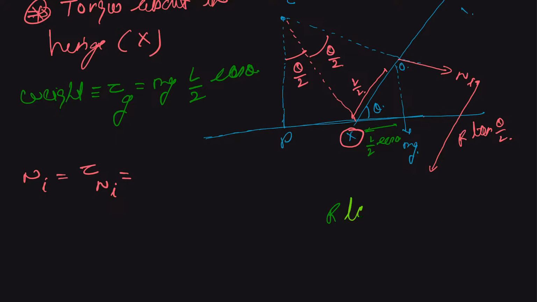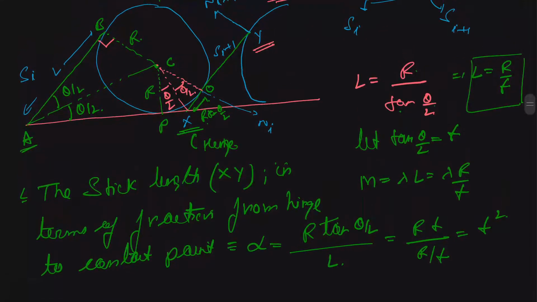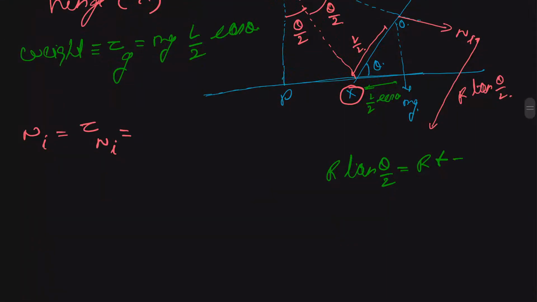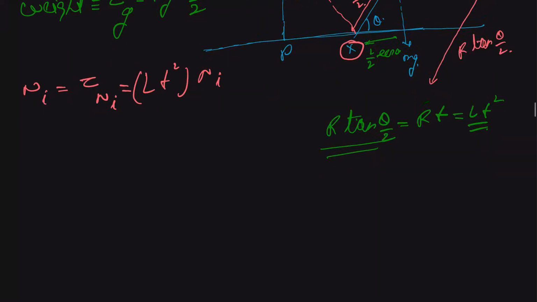So we can write this as r tangent of theta will be equal to our rt, because tangent of theta by 2 is our t, and our r is equal to our L t. So we can say this is our L t square. So in place of r tangent theta by 2, we can write L t square. Therefore, we get this will be equal to our L t square multiplied by our N of i.